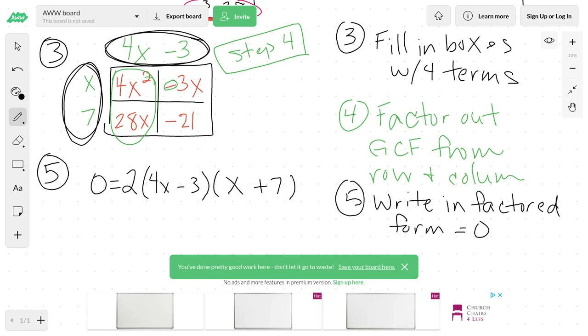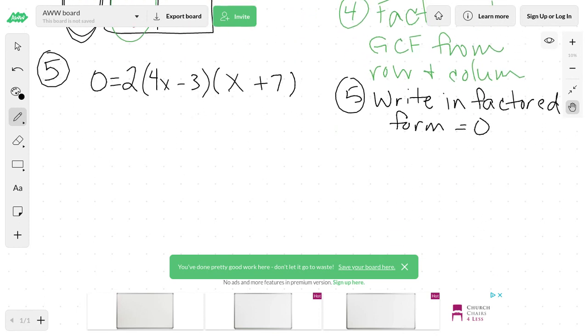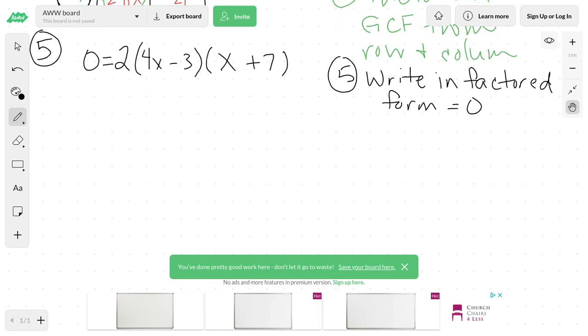Now, this step is going to be the same as when we solved before using factoring. So I'm going to change colors so we can break these apart. So any part with a variable, we set them equal to 0. So we have 4x minus 3 equals 0 and x plus 7 equals 0.